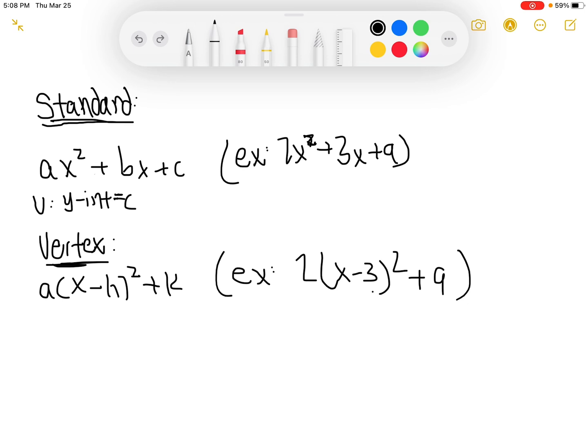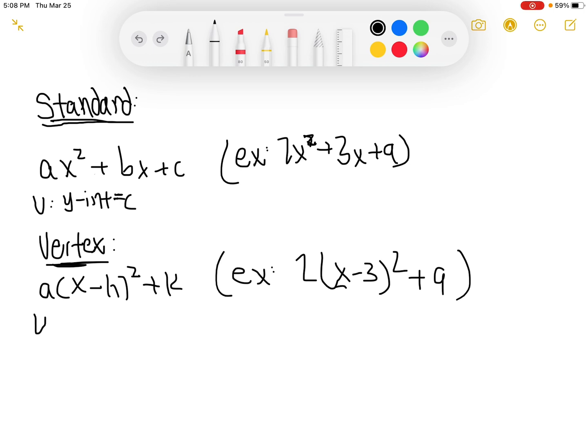And you might think that h is -3, so the vertex is (-3, 9), but it's actually (3, 9), because if you think about it, x would equal 3 if 3 minus 3 equaled 0. So you always change the sign of h, so remember that. That's super important: if you're using vertex form to find the vertex, change the sign of h, but keep it the same for k.